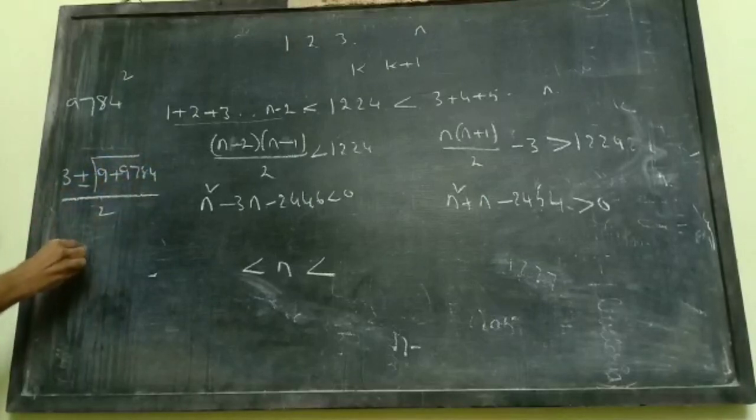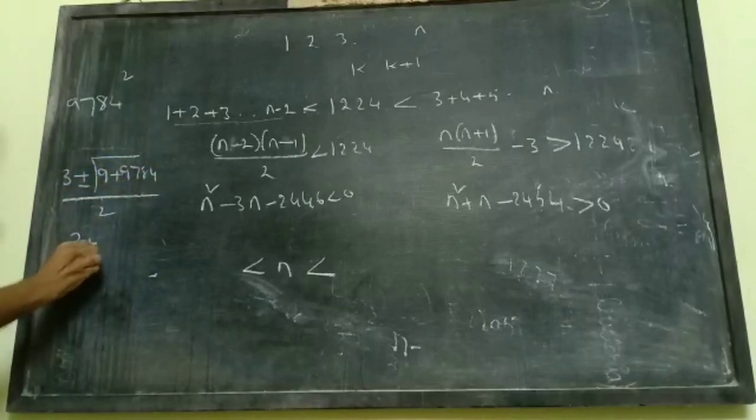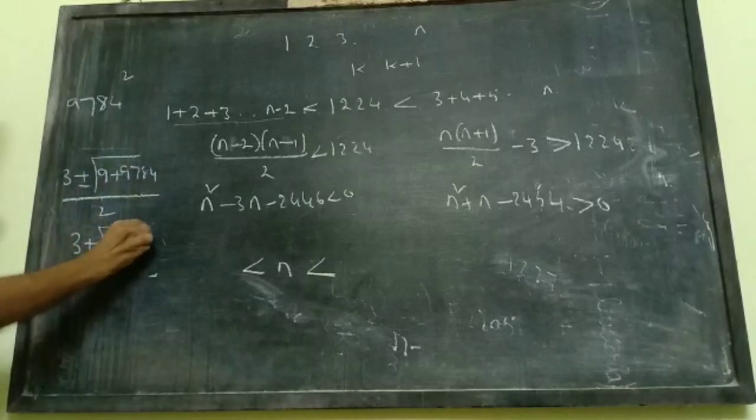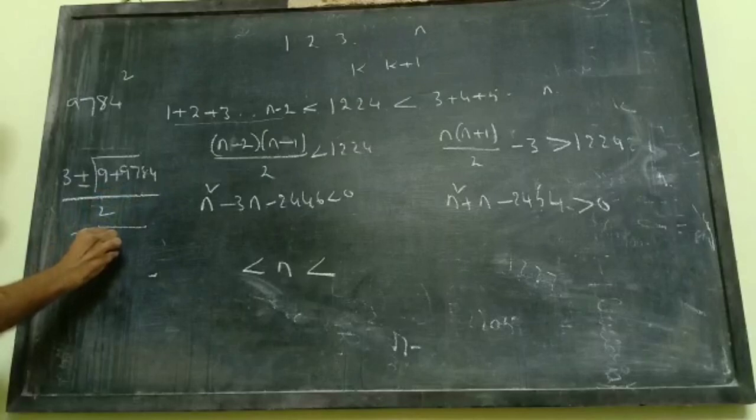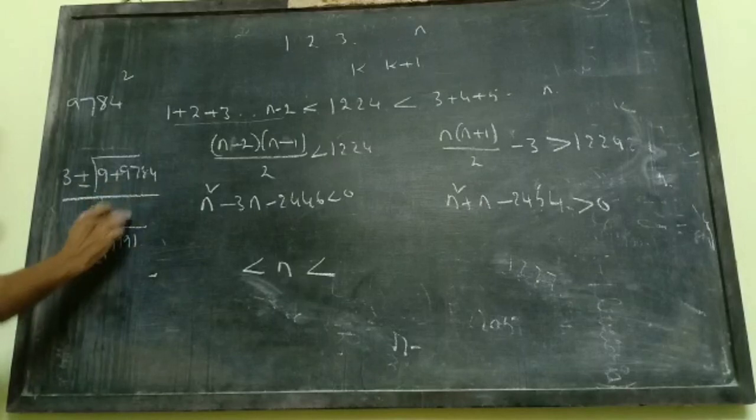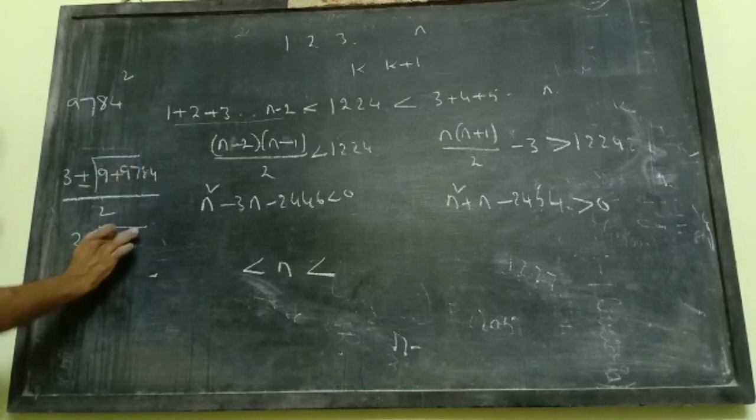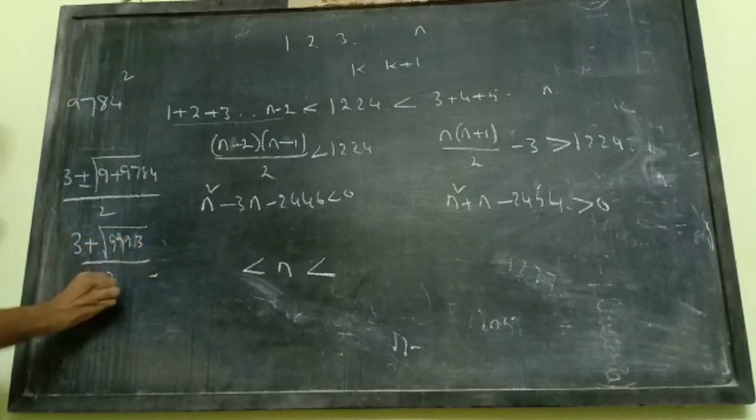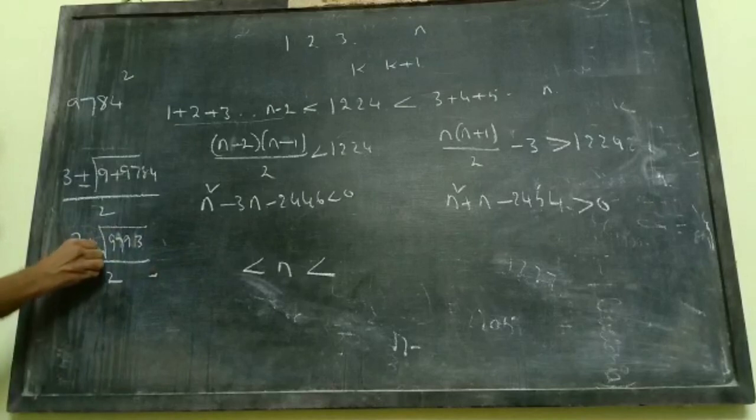By 2. So 3 plus square root of, this is how much you will get, 9991. Sorry. 9793 by 2 plus or minus.